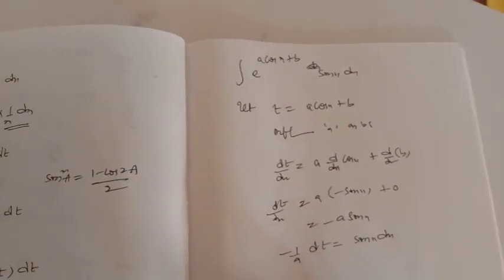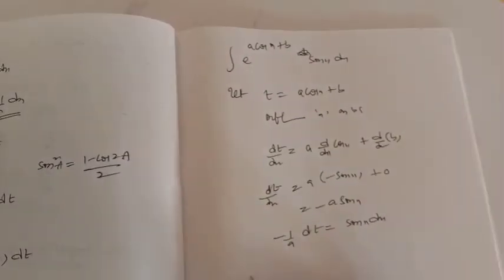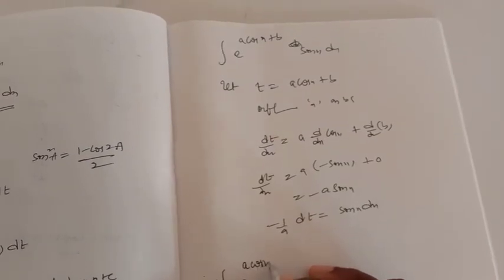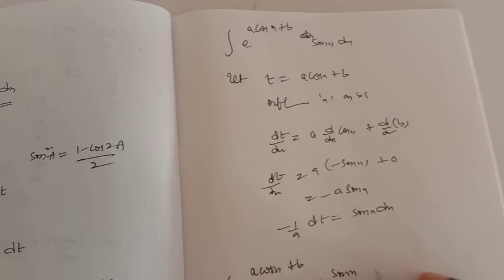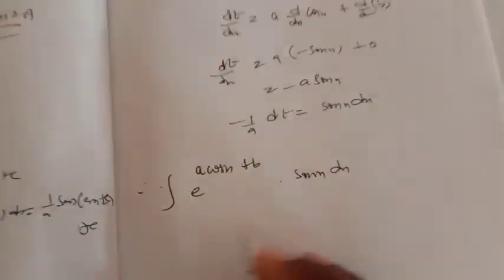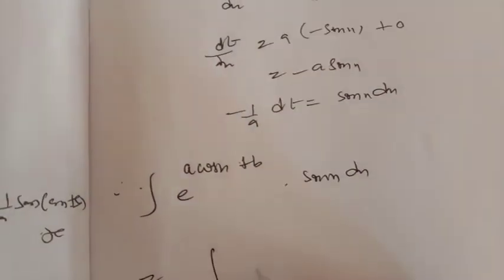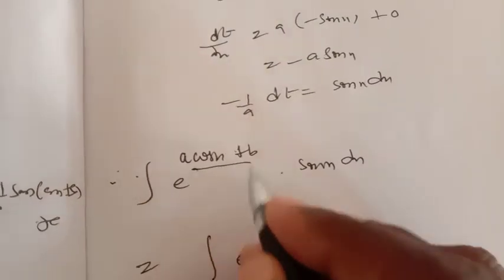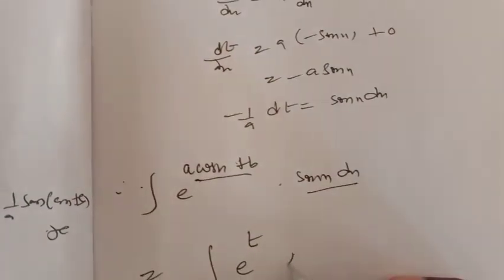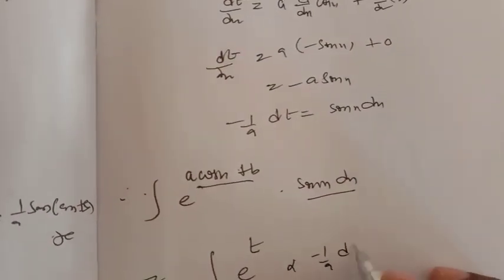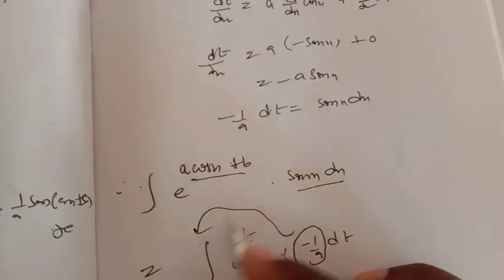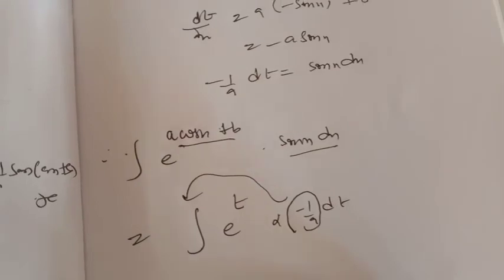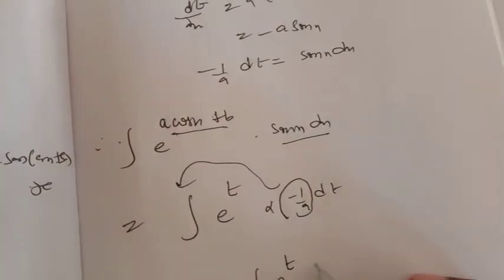Therefore, the given problem, integral e power (a cos x plus b) into sin x dx, equals integral e power t, where a cos x plus b equals t and sin x dx equals minus 1 by a into dt. Here minus 1 by a is the constant term and is taken in front of the integration: minus 1 by a into integral e power t into dt.